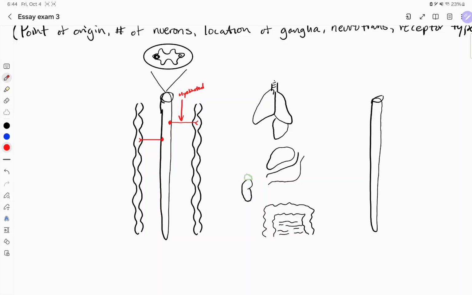And once they synapse, our sympathetic neurons, when they synapse in the sympathetic chain ganglia, there's another cell body. So these ones from the spinal cord to the sympathetic chain ganglia are preganglionic neurons. And then we have our postganglionic neurons. So in these nerves, there are two sets of neurons in this pathway.